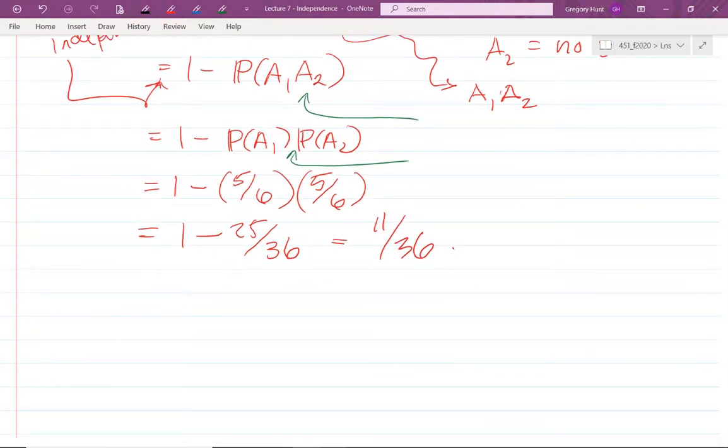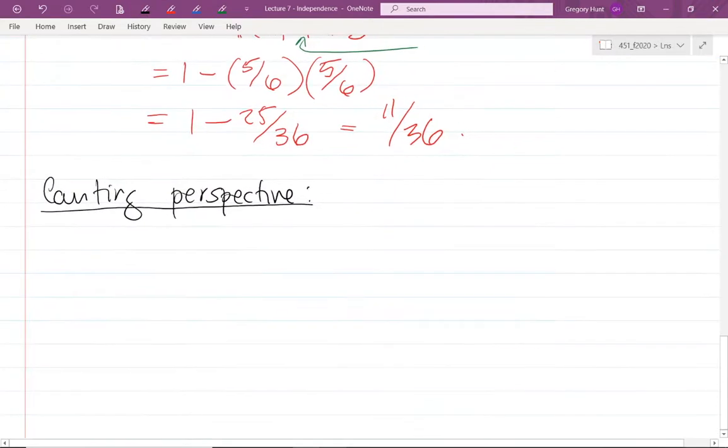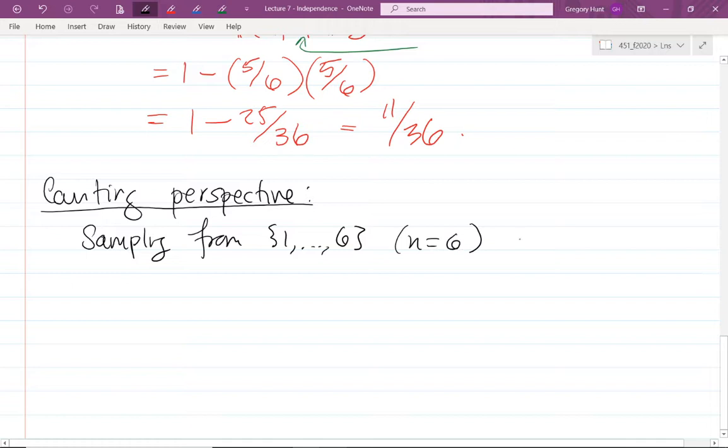We could also look at it from a counting perspective. So let's look at how you could solve this problem from a counting perspective. Here, I could think of this as sampling from the numbers 1 to 6, so n is equal to 6, 2 times, so r is equal to 2 samples.